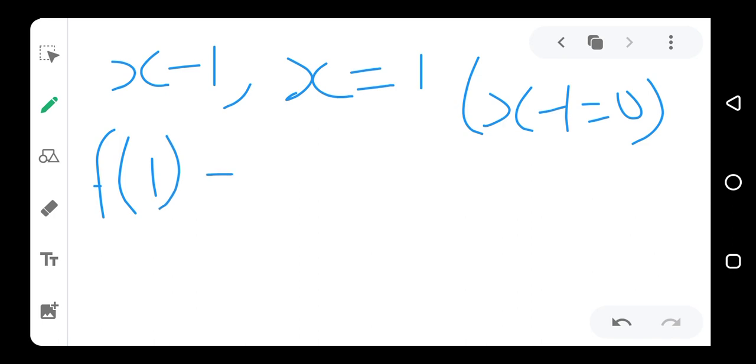Now this will give us 1 squared plus 3 times 1 plus 2.